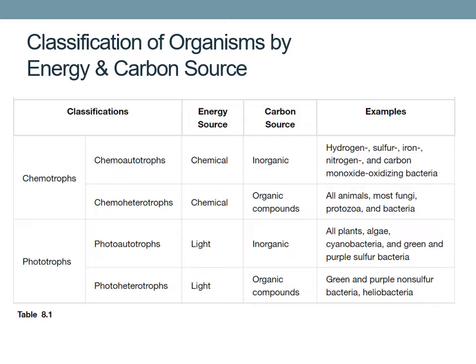The energy sources and carbon sources of different types of organisms can be combined to give a better explanation of the energy source and carbon source. Also included here in this table are examples of the types of organisms that are in each category.